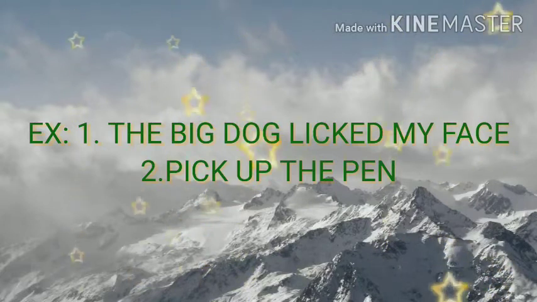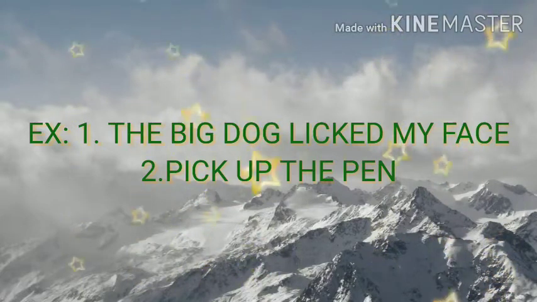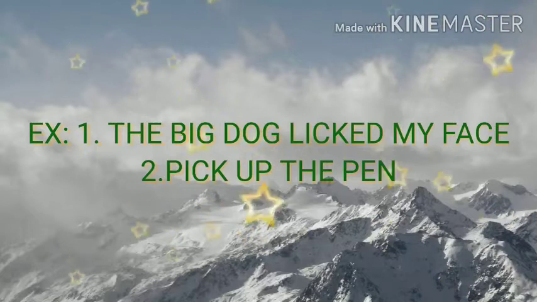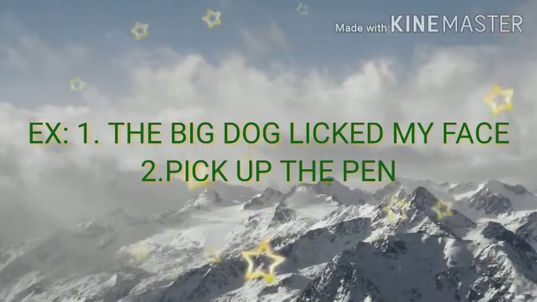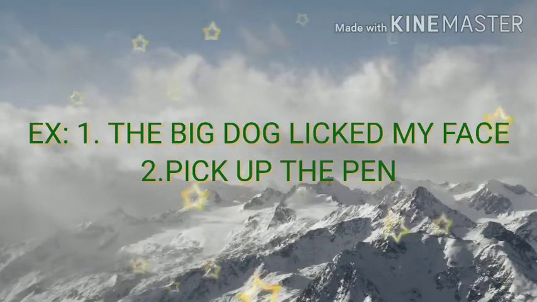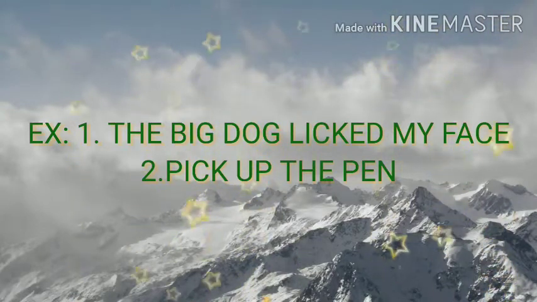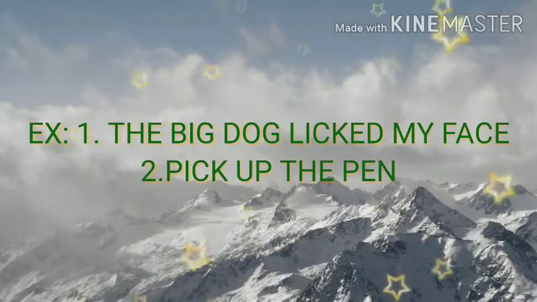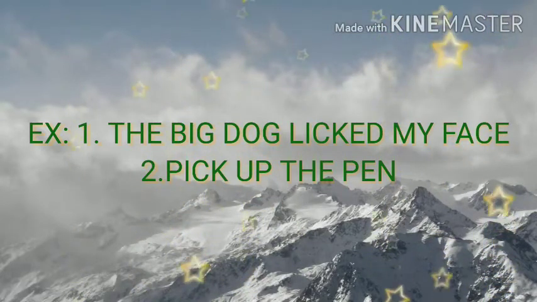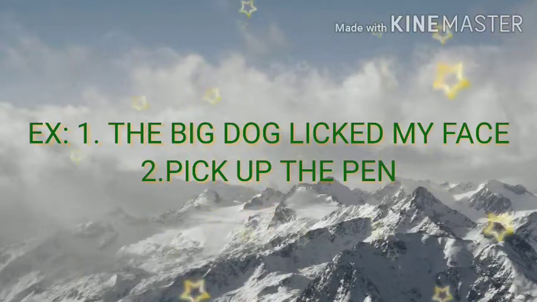Now we will see a second example. Pick up the pen. This is also a sentence. Here, picking up is the verb, that is the action, and pick up the pen is the predicate part. If you see, we don't have the subject part.